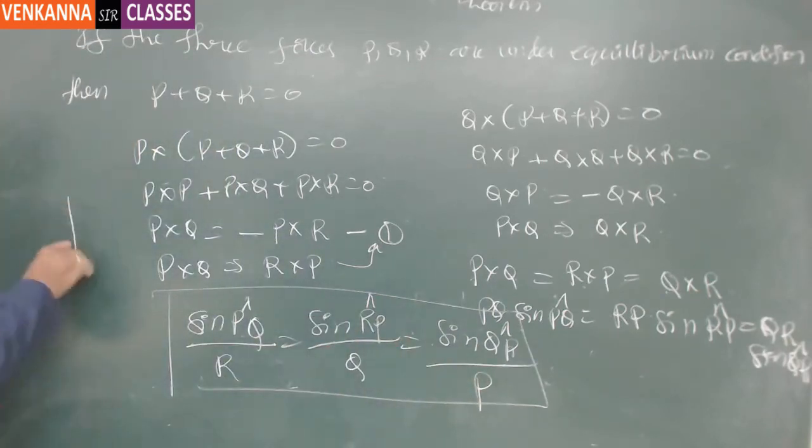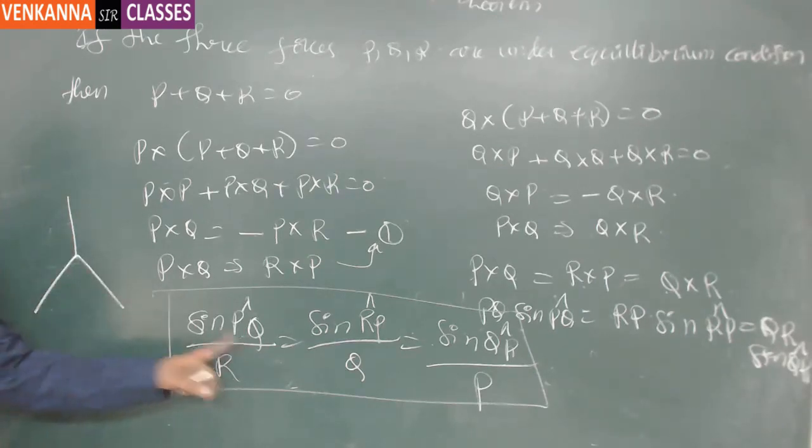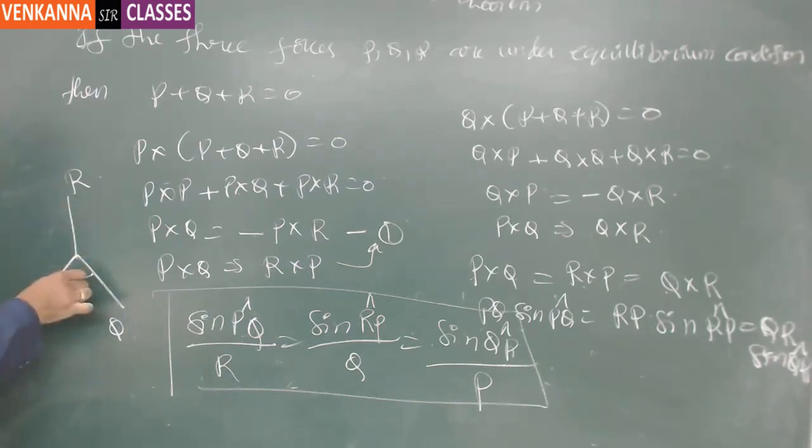Now here, if these are the three forces acting at this particular point, these three forces will form a closed triangle. Suppose this is P, this is Q and this is R. Then R divided by sine of the angle between P and Q, which is the opposite angle, equals Q divided by sine of the angle between R and P, equals P divided by sine of the angle between R and Q. So these three ratios are equal.